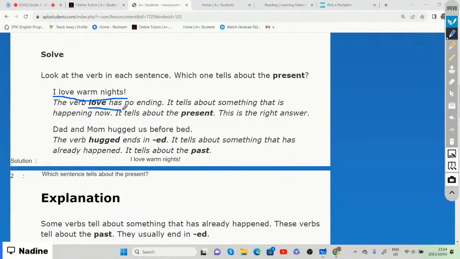It tells us about something that is happening right now. So we'll assume that it's a very warm night. This person is saying that they love warm nights, specifically referring to a warm night like tonight. So this basically tells us about the present, and this means that it is something that is happening right now.